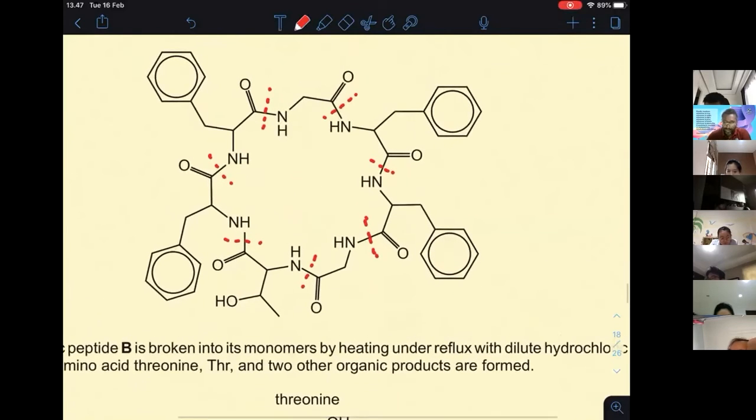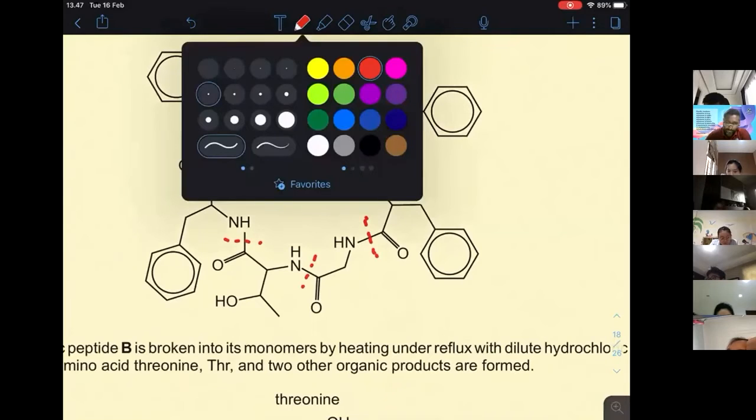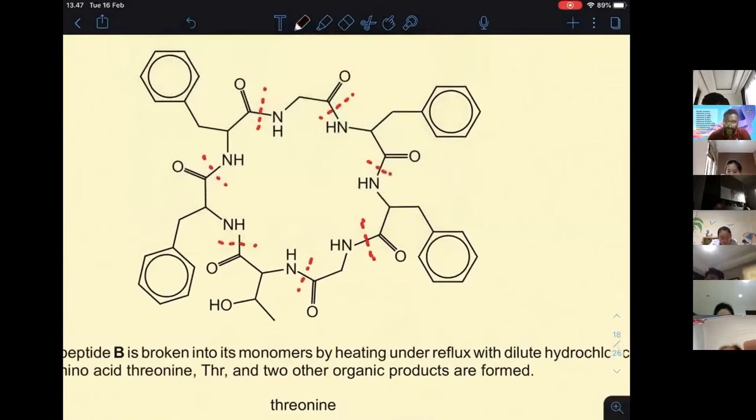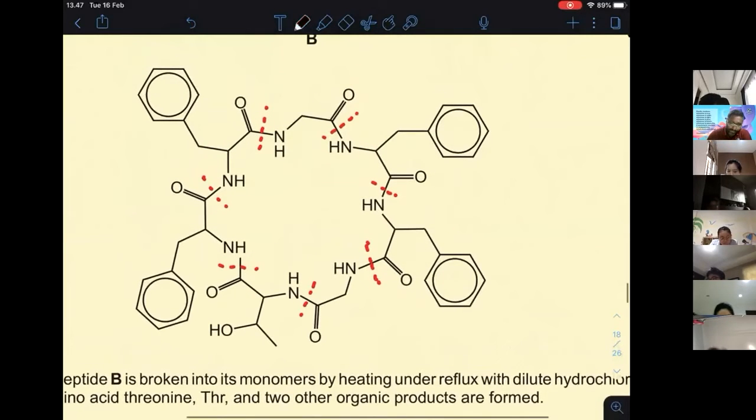When those bonds are broken, I will write down the possible structures that you are going to obtain. For this one, you will get NH, with another H, bonded to another carbon, and then another carbon, double bond O, and this part will be OH.